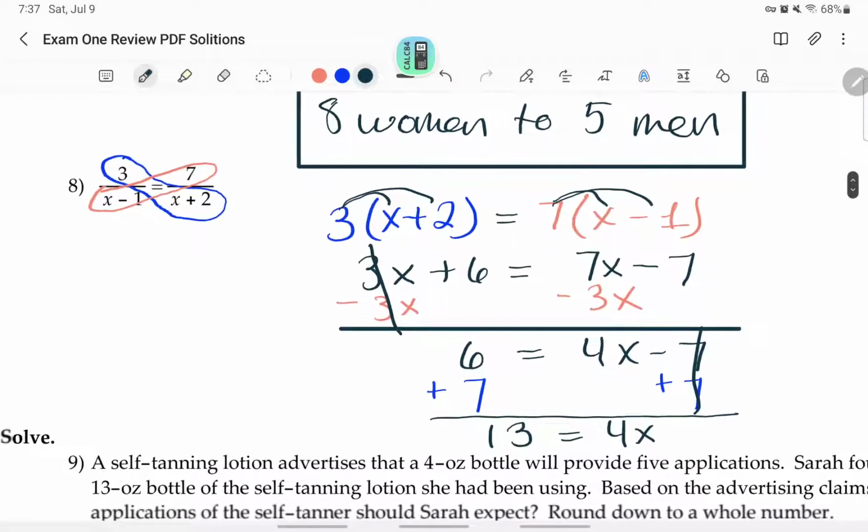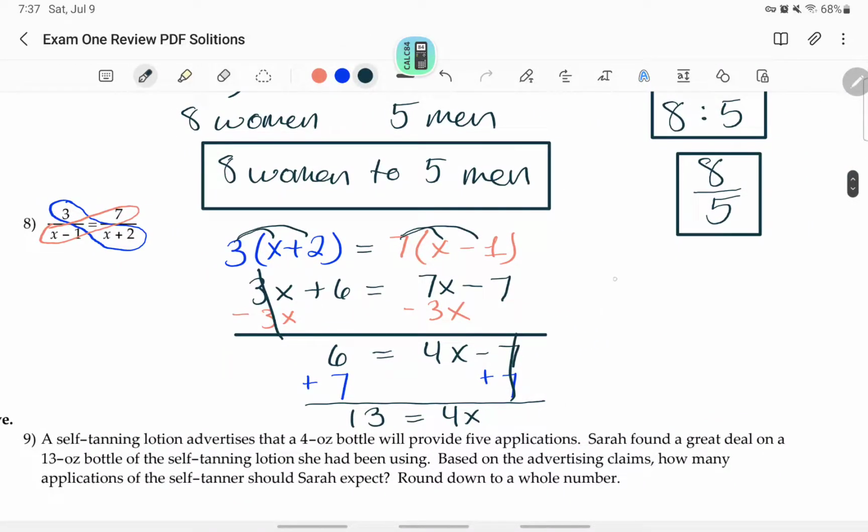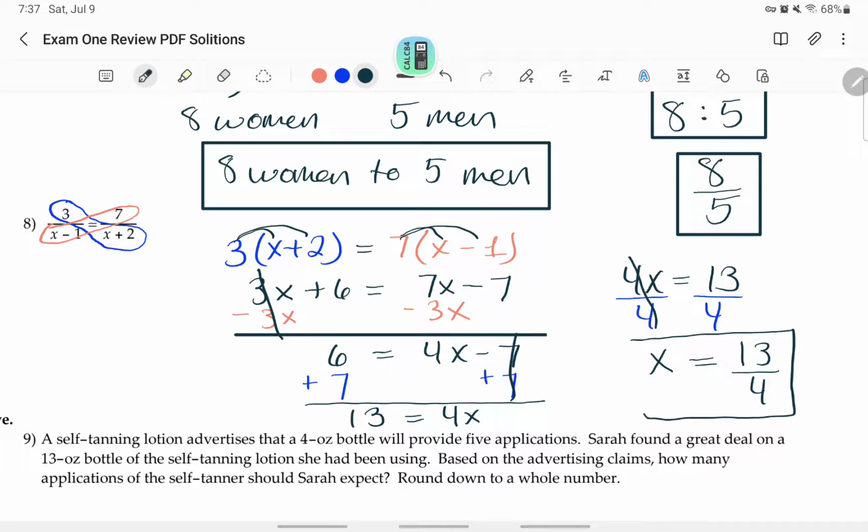Let me zoom out. Should have put more room in this PDF. Let's go up here. 4x is equal to 13. Divide both sides by 4. x equals 13 over 4. We can't simplify this any further. Leave it as the improper fraction, unless the multiple choice is in decimal, but we're going to leave it as this.